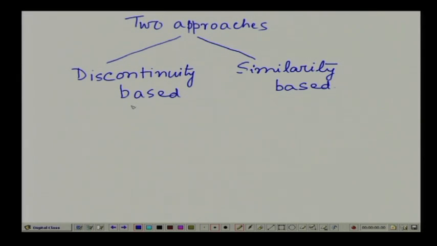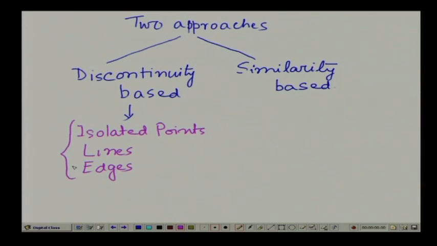So, under the discontinuity based approach, we are mainly interested in identification of isolated points, or identification of lines present in the image, or identification of edges.